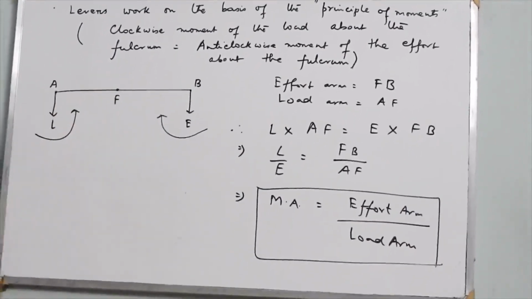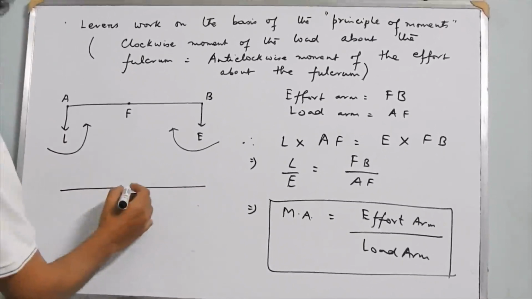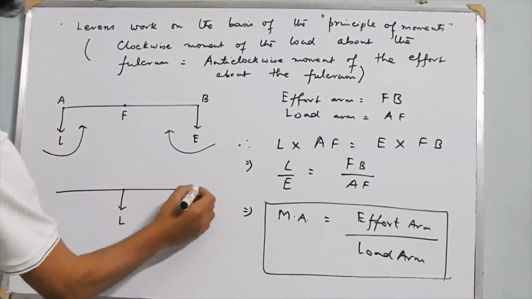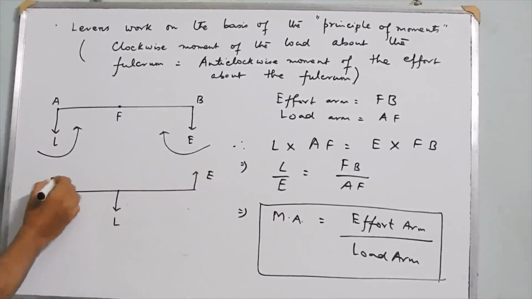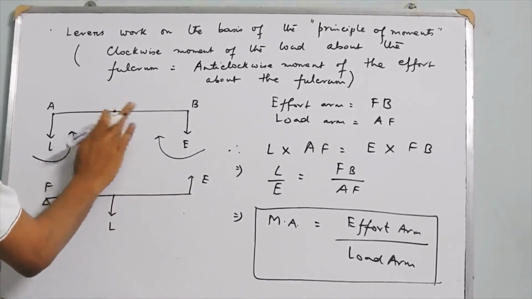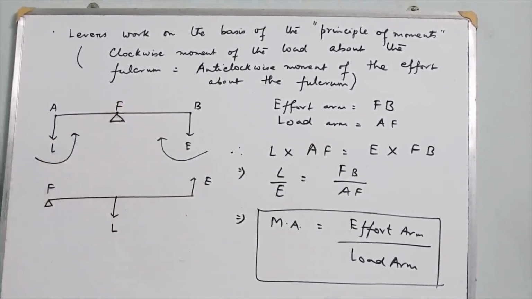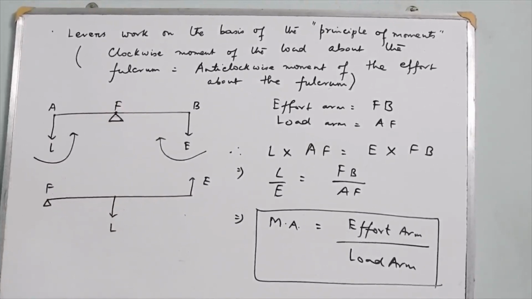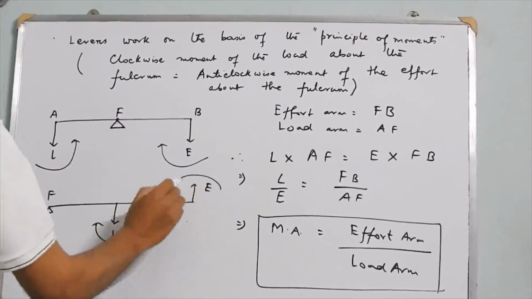So if we take class 2 levers also, the load lies between the fulcrum and the effort. So this is the load, this is the effort, and this is the position of the fulcrum, suppose. So in this case also you can see that the load is creating a moment, the effort is creating another moment.